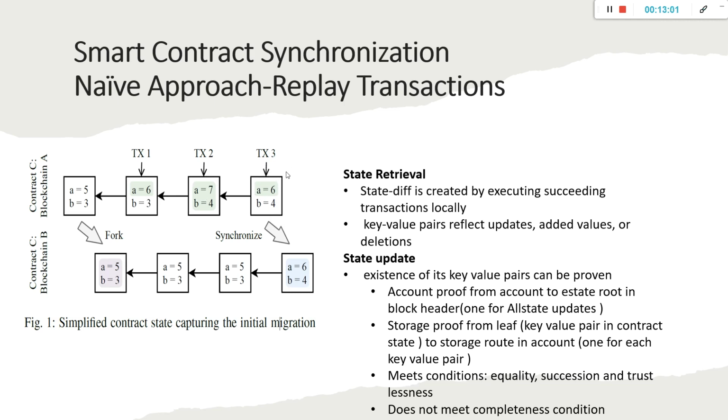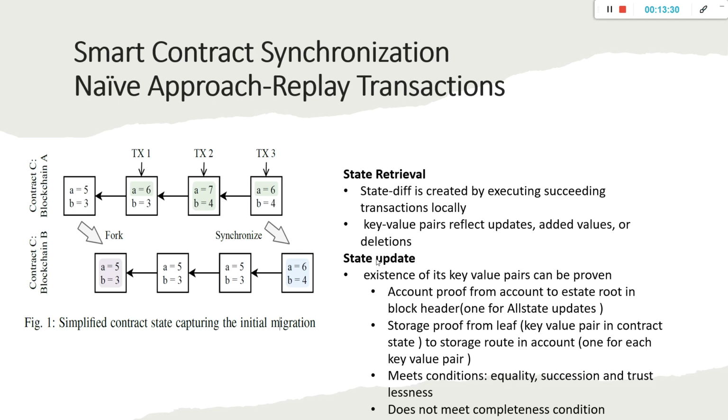This is the last step, and this definitely exists, so they start putting this state first in the other blockchain like blockchain B, and this procedure is done in two steps. One is state retrieval and another is state update. For the state retrieval, a state difference is created, and then a key value pair reflects the update, and then the values are added or deleted.